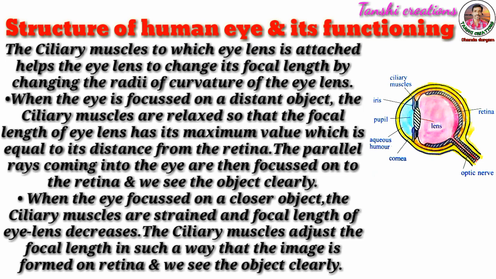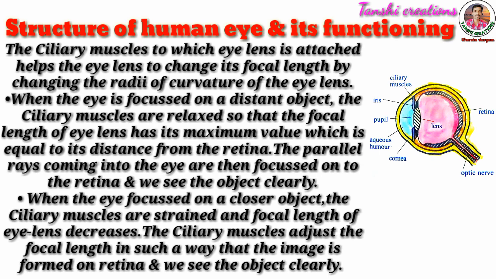When the eye is focused on a distant object, the ciliary muscles are relaxed, so that the focal length of the eye lens has its maximum value, which is equal to its distance from the retina. The parallel rays coming into the eye are then focused onto the retina and we see the object clearly.